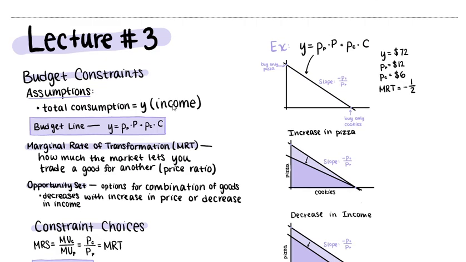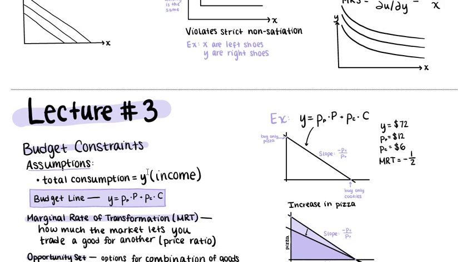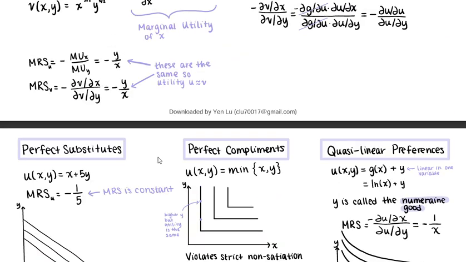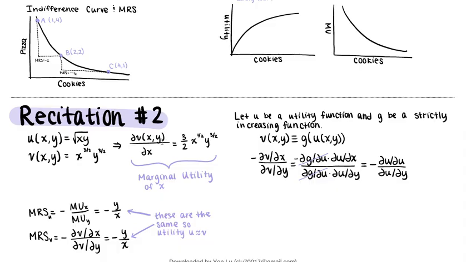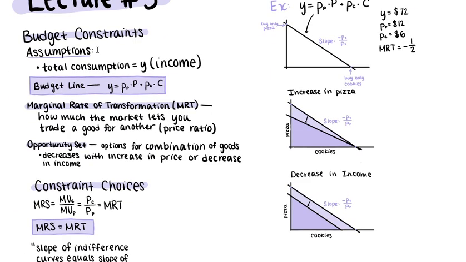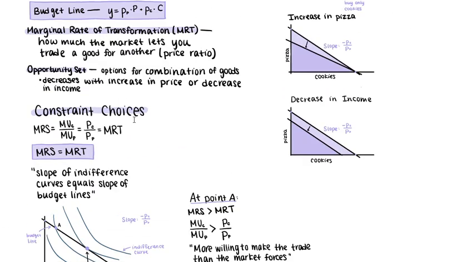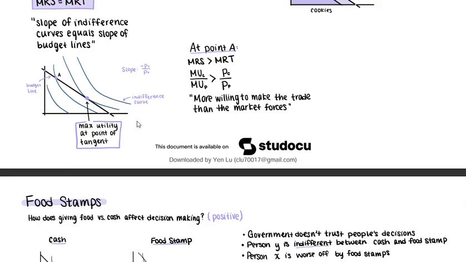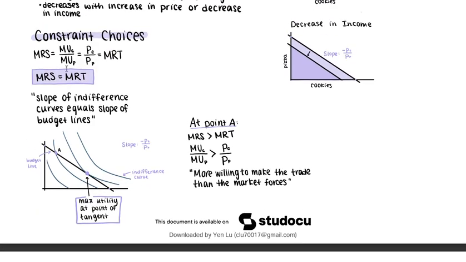So the constrained choice is given by the indifference curve, which is where your utility holds, and the budget constraint line. That means you have a certain amount of money you would like to spend.